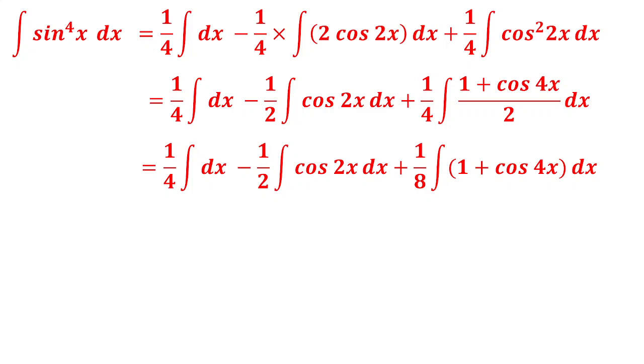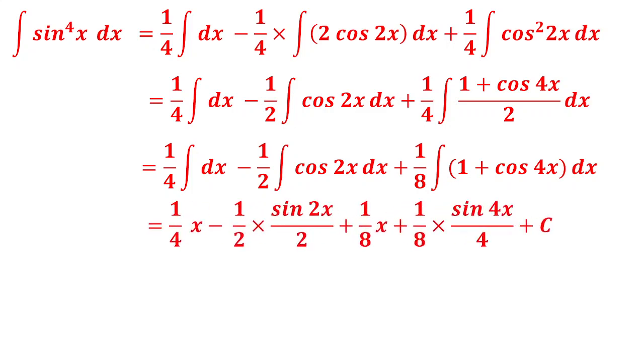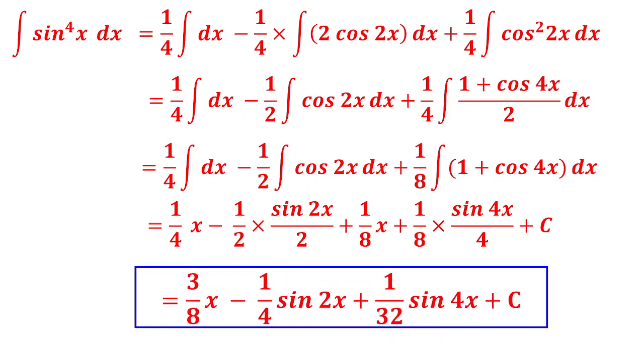First integral 1 by 4 dx, second integral 1 by 2 cos 2x, third integral 1 by 8 x and 1 by 8 into sin 4x by 4. Very simple. Now you can club that 1 by 4 x and 1 by 8 x and write it as 3 by 8 x. Now it's a problem where the power of sine is 4. We are reducing it by making use of the formula cos square x is 1 plus cos 2x by 2, sin square x is 1 minus cos 2x by 2.